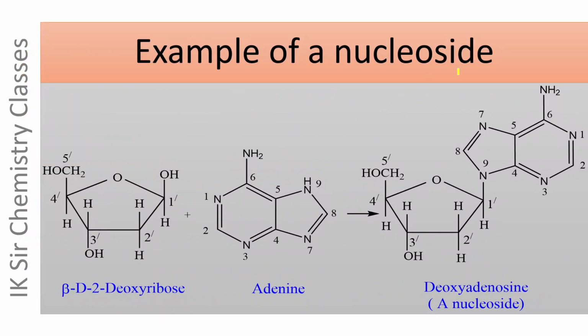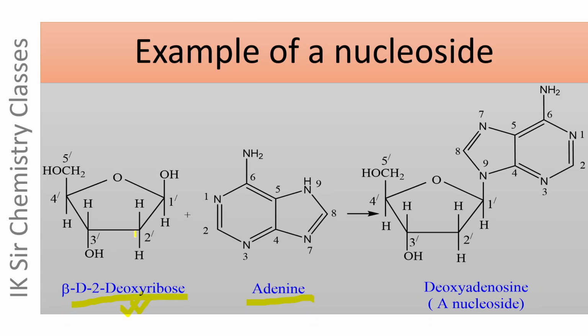Example of a nucleoside: it is beta-D-2-deoxyribose. It is the pentose sugar present in DNA, and it is adenine, a nucleobase present in both RNA and DNA.